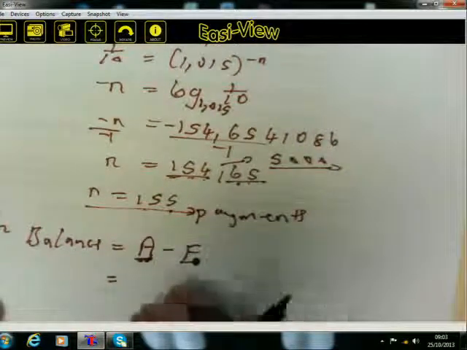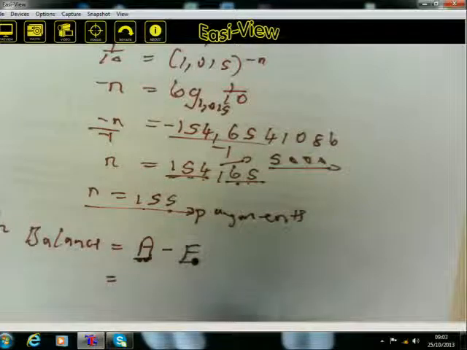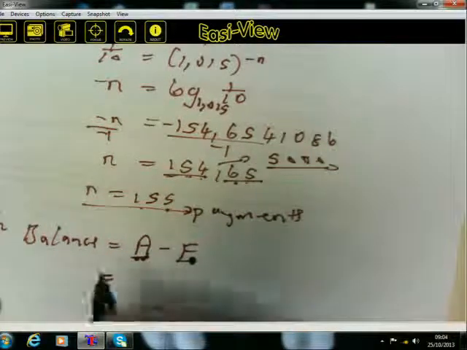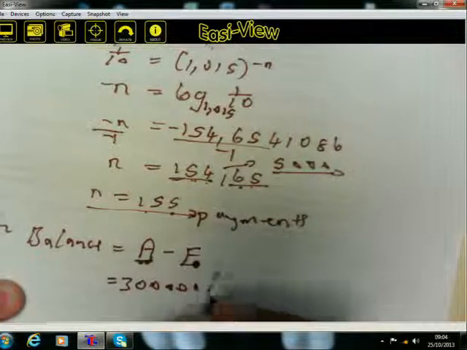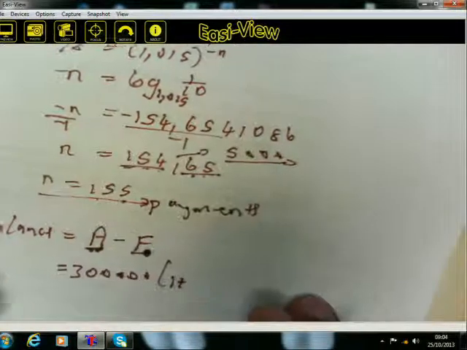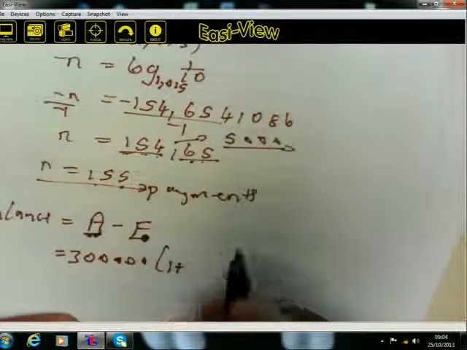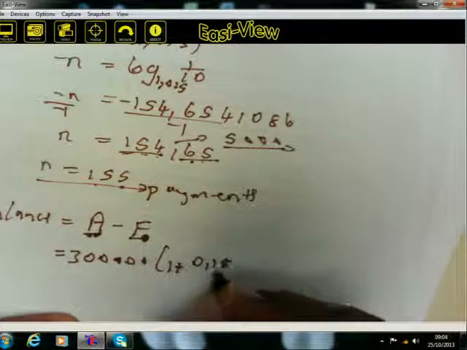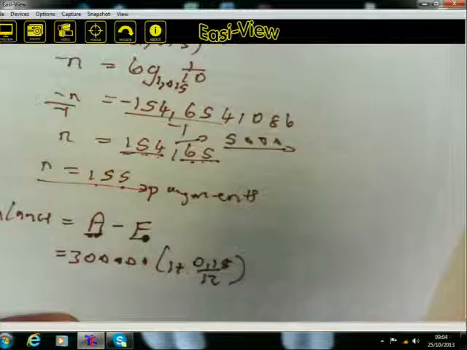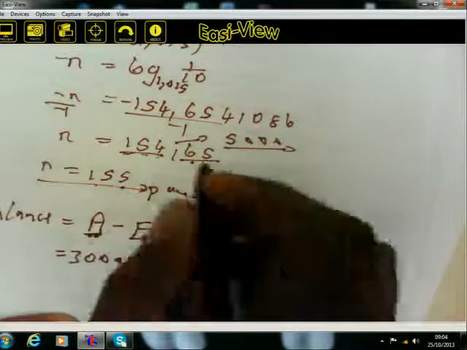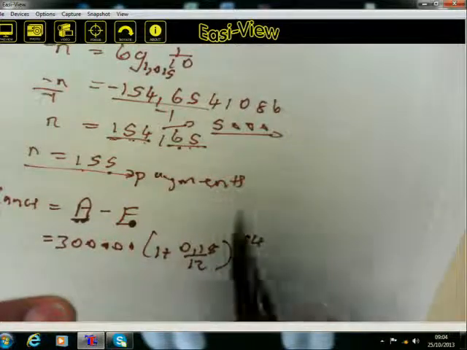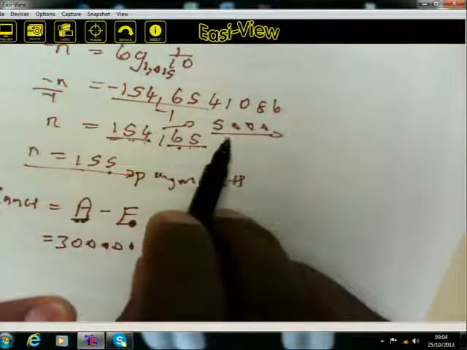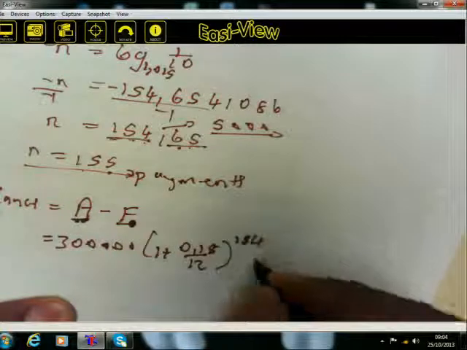Okay, now we take our loan. What is our loan? Our loan then is the 300,000. Now we say 1 plus, of course, what is the interest? Our interest is 0.18 divided by 12. Now, number of payments, there is what? 154. This one will be our last 5,000 payment that they will make, right?